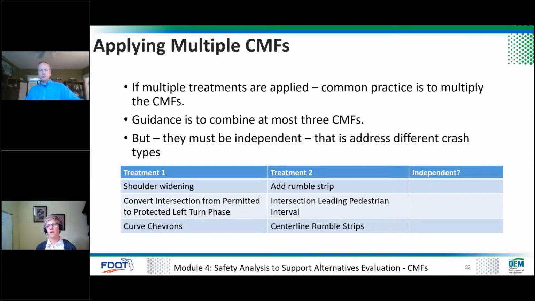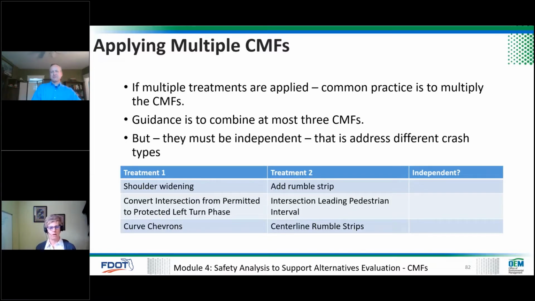If you are applying multiple treatments, you can multiply the countermeasures for those treatments. So it would be CMF1 times CMF2 times observed crashes. The common practice right now is that they are multiplicative and that you multiply at most 3, and you want those 3 to be independent. And by independent, we mean affecting different crash types.